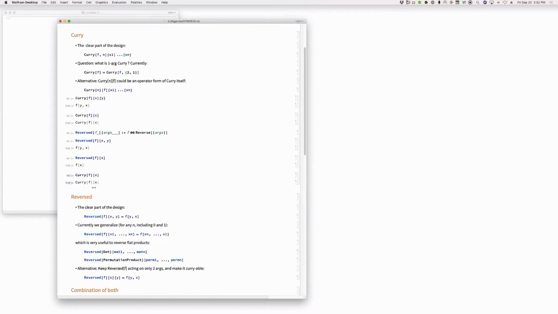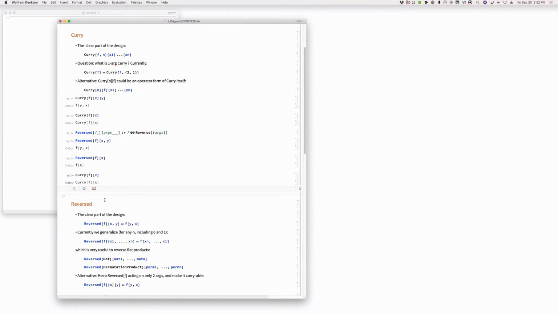No, because curry of F by default expects 2 arguments, so it's waiting for the second one. Okay, right. But curry would give exactly, or just one, just without the list.